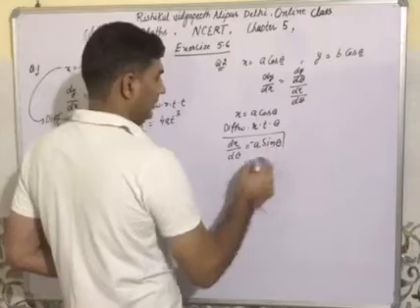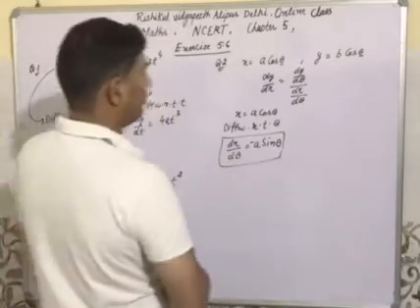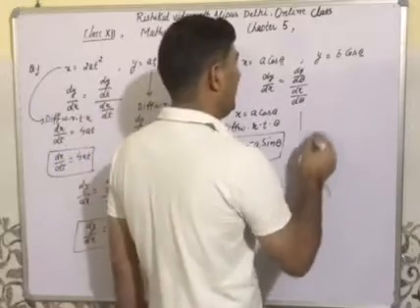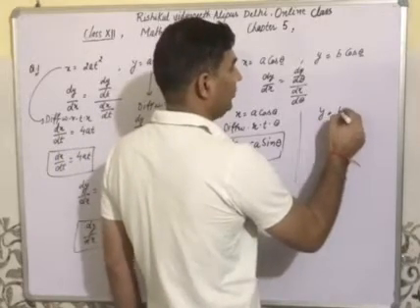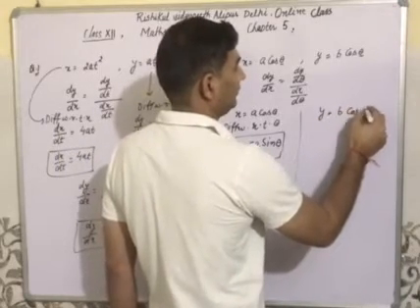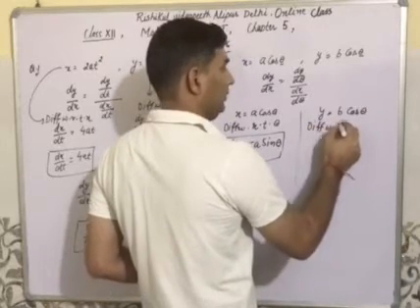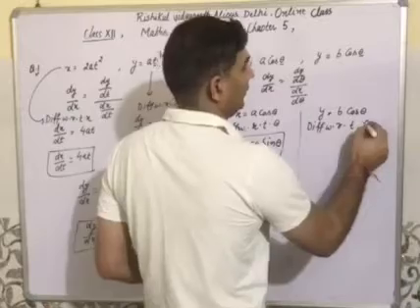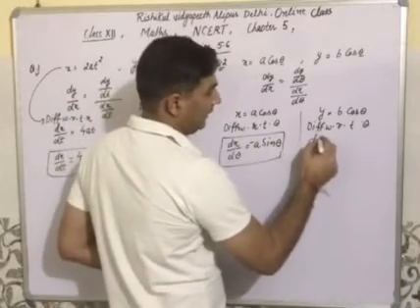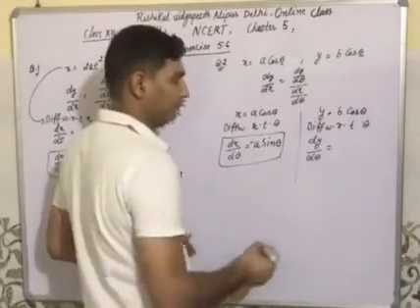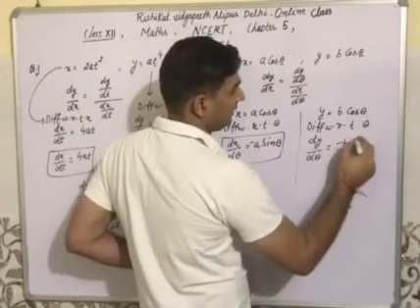Then dx upon d theta is equal to minus a sin theta. And y is equal to b cos theta; differentiating with respect to theta, dy by d theta is equal to minus b sin theta.